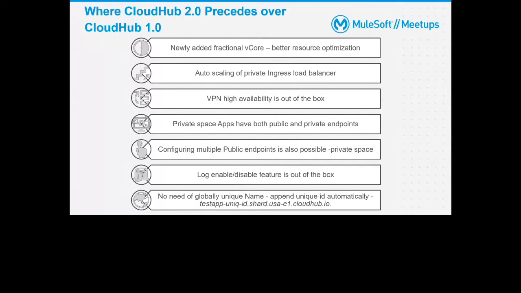And then there is a shard number, a unique 6-digit number associated with your private space or shared space where you are deploying the API. So together it will always ensure you need not worry about it. Internally, out of the box, CloudHub 2.0 will ensure that your API names are unique across the globe.